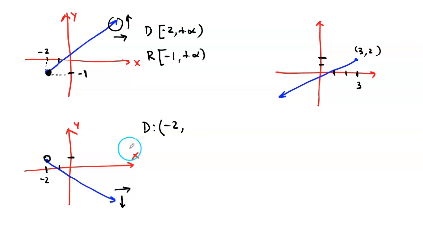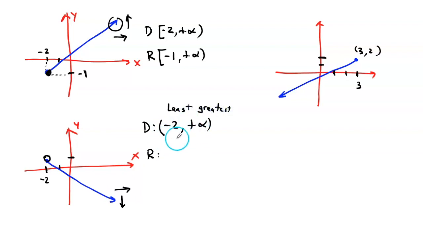I'm looking at my domain. I'm looking at the arrow that is going to the right. The arrow is going to the right, it keeps going all the way to positive infinity or just infinity. My range, here comes. So we always go from least to greatest.